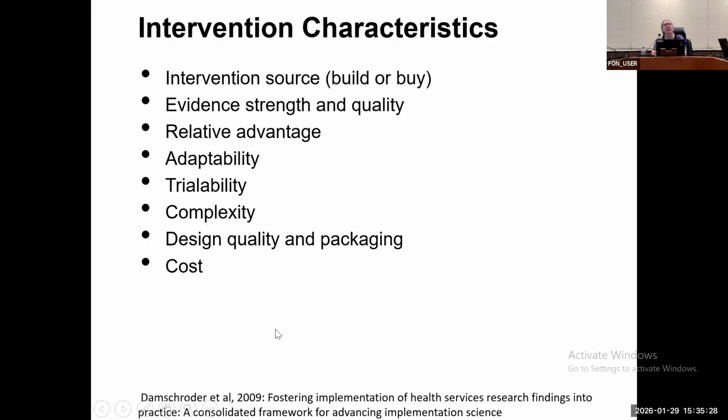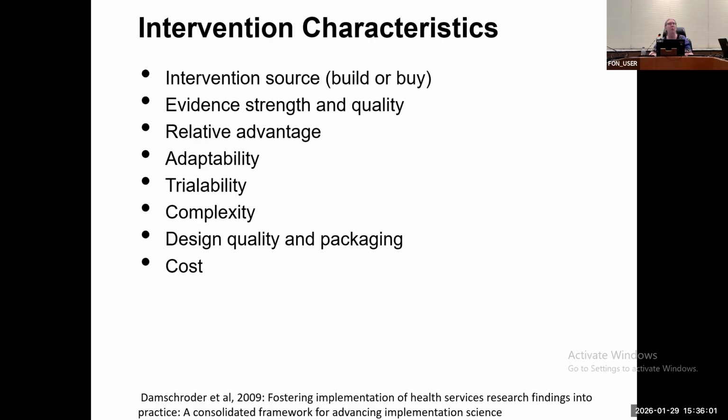The intervention characteristics that we look at is the intervention source. Is it something that we can build? Is it something we can buy? We look at the evidence, strength, and quality. Certainly we want something that has, hopefully, a meta-analysis showing that it is an intervention that has been tested a few times and we know.